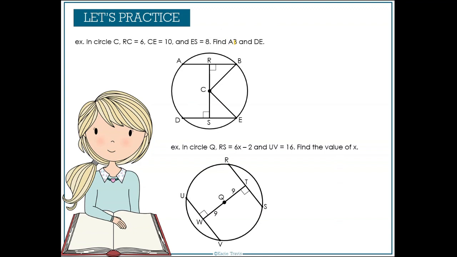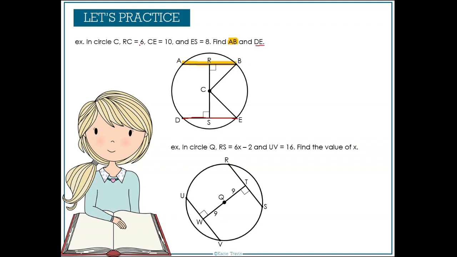So AB comes from here to here. And DE, this time we're going to use a little pen. DE comes from here over to here.